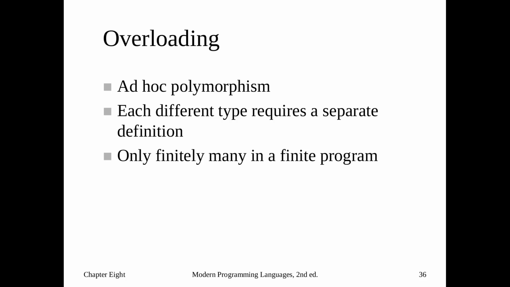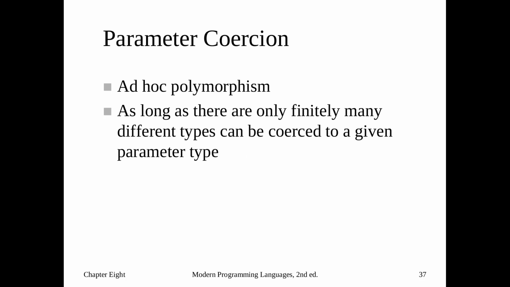Overloading is ad hoc polymorphism. Each different type requires a specific definition. Only finitely many in a finite program, which is true. Parameter coercion is ad hoc polymorphism as long as there are only finitely many different types that can be coerced to a given parameter type.